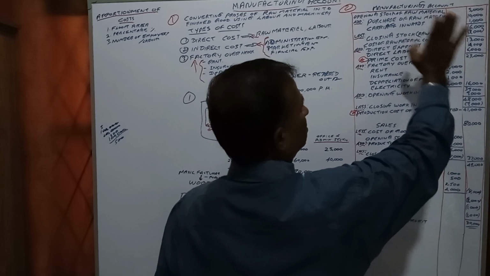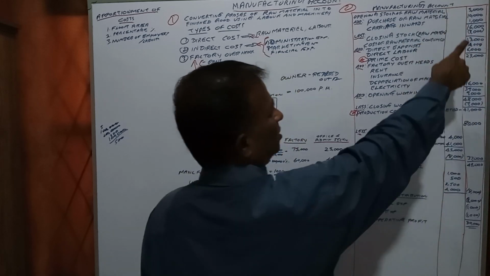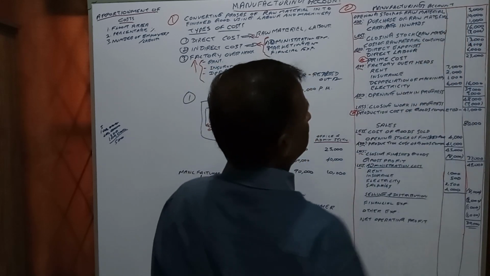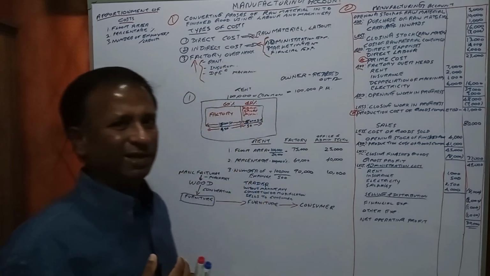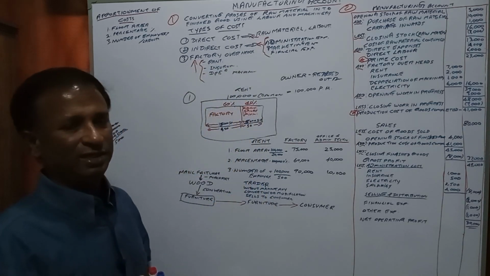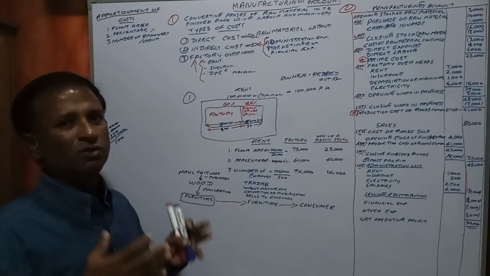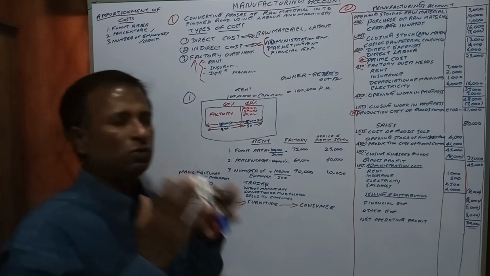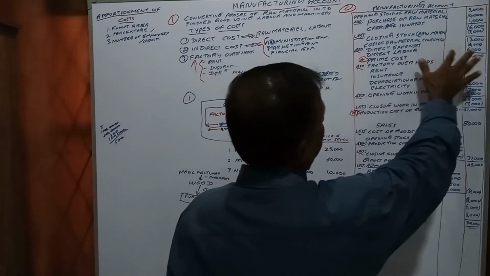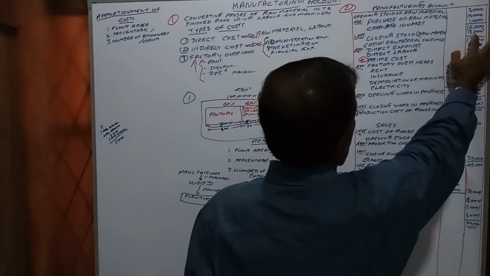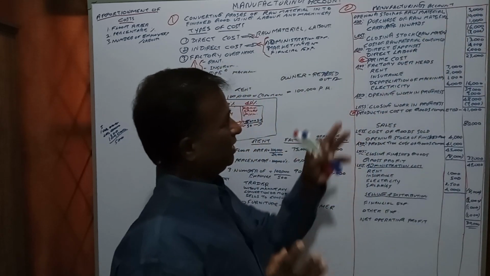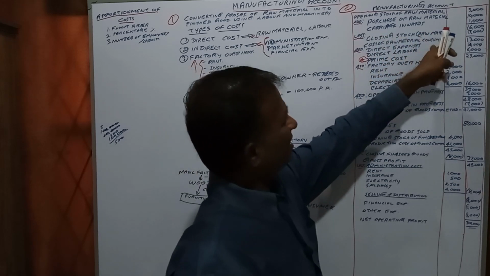Carriage inwards 1,000. Then total cost is 16,000. Then you have to deduct, like in the trading account, closing stocks of raw materials. You are deducting 3,000. Then you will arrive at the cost of raw materials.